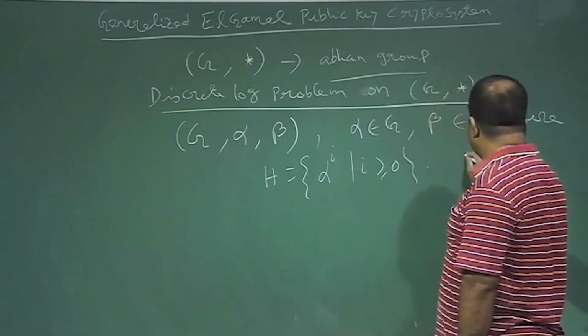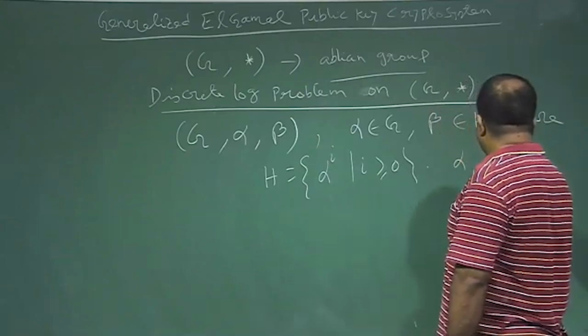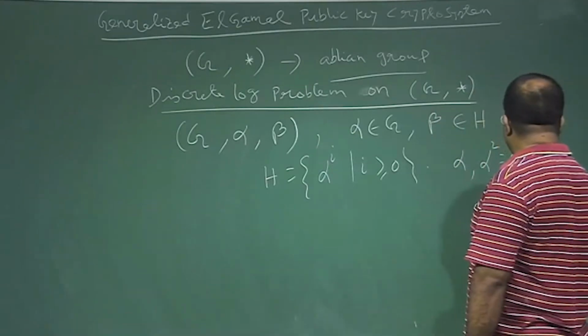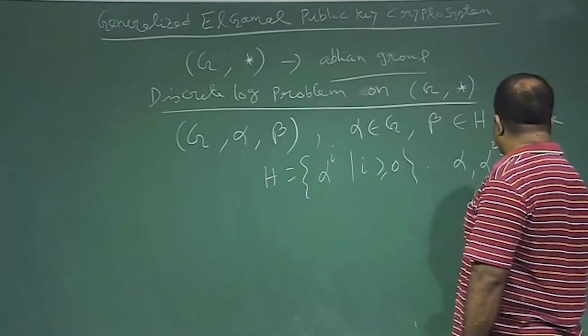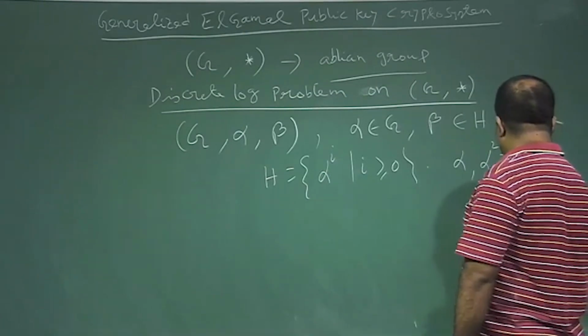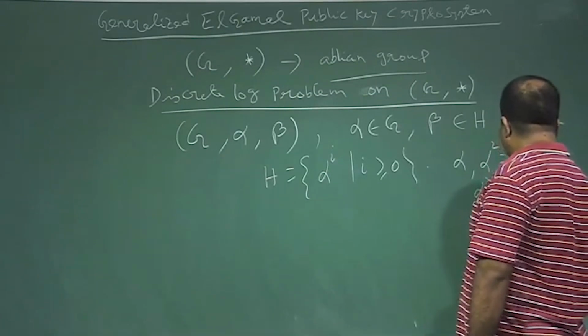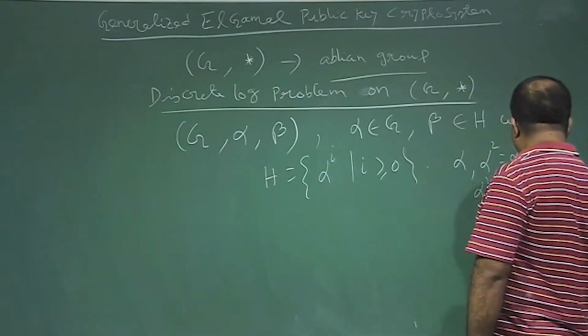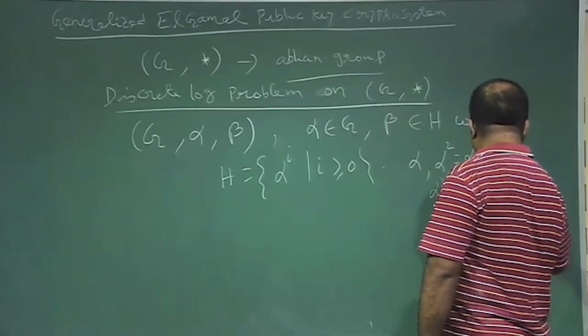So alpha squared means alpha times alpha, and alpha cubed is basically alpha times alpha times alpha. So alpha to the power i is alpha operated on itself i times.